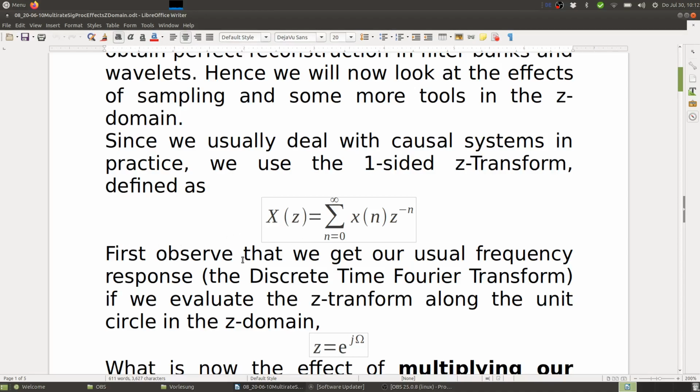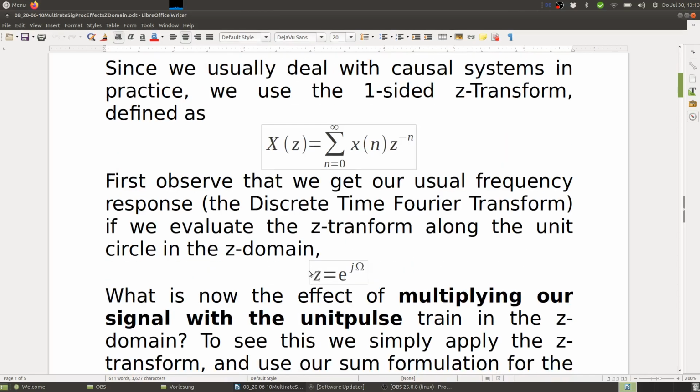So first observe that we get our usual frequency response, the discrete time Fourier transform, if we evaluate the Z-transform along the unit circle in the Z-domain. So if we just take z on the unit circle, here we have e to the j omega. So omega is our angle going from 0 all the way to 2 pi, and this basically covers the unit circle in the complex Z-domain.